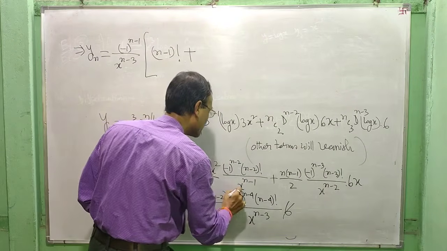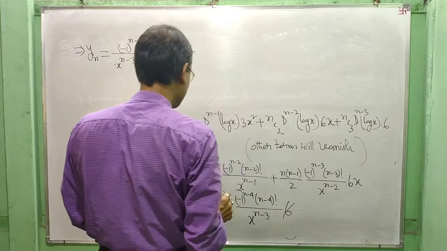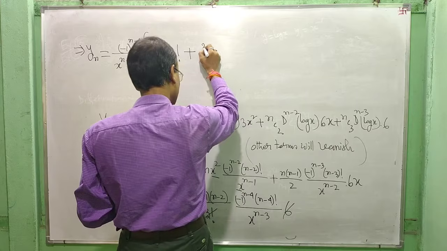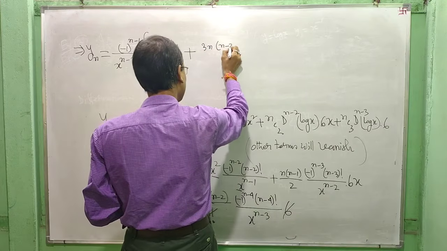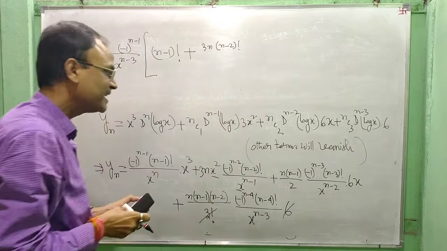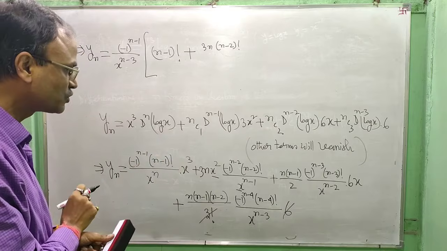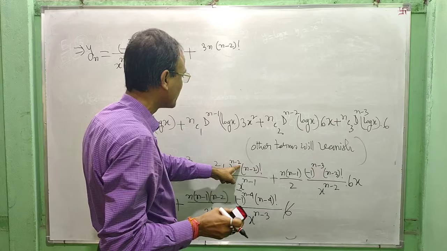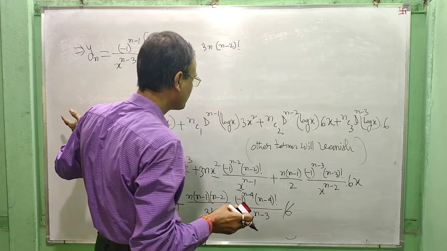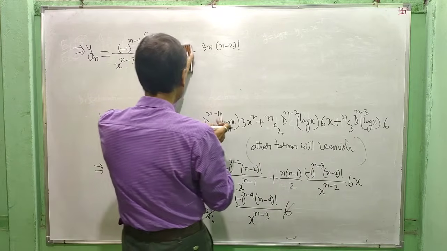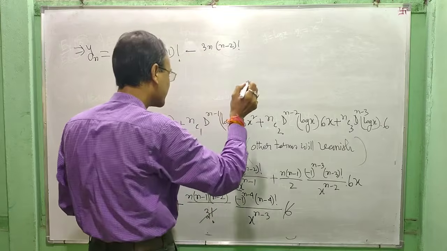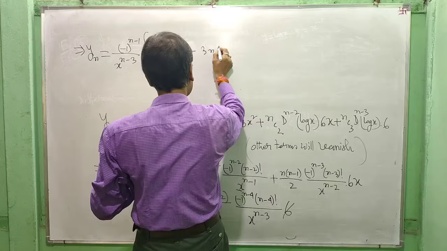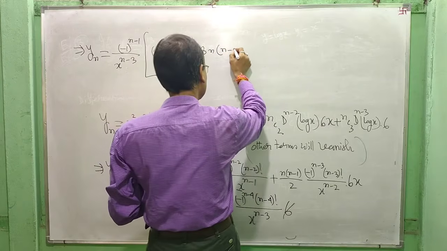these terms we have already written. Thrice into factorial n minus 2. Minus 1 whole to the power n minus 1, if you take this common, then you will get here a minus sign, thrice n minus 2 factorial.